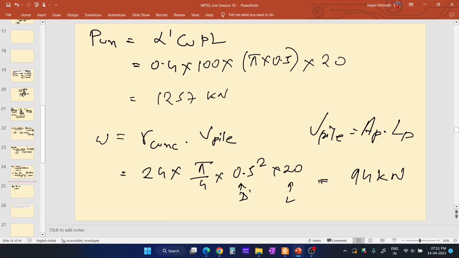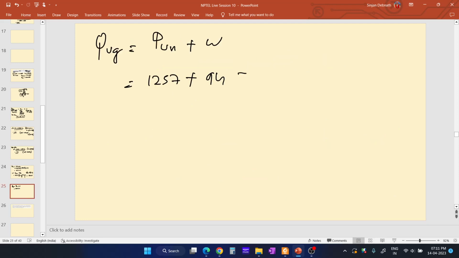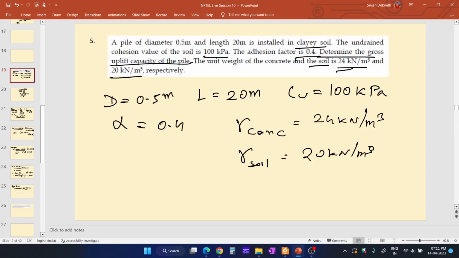W is this 94 kilonewton. Now if you calculate this, you will get the value of Q_ug, that is the gross uplift capacity, to be around 1351 kilonewton. So this is the answer of this particular question.